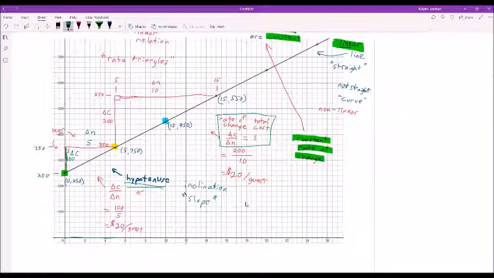That can be generalized into the slope of the line that would graph this relationship. And the slope is delta C over delta N. Delta C is this vertical leg here, and the delta N is this horizontal leg.